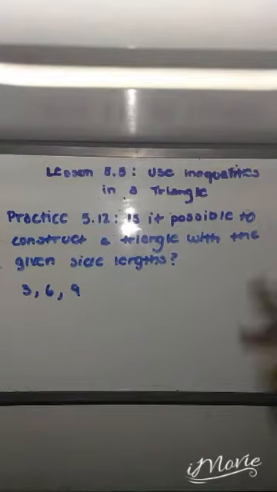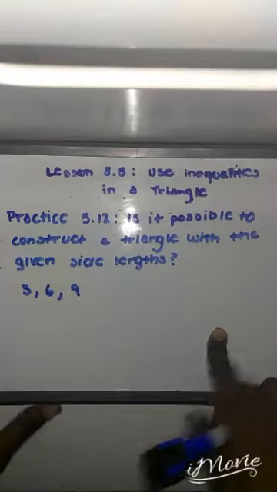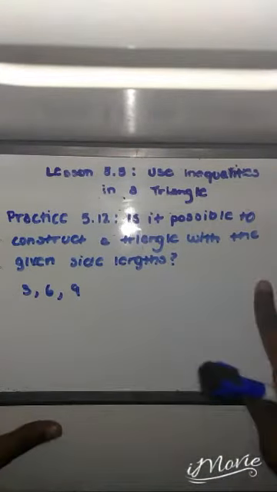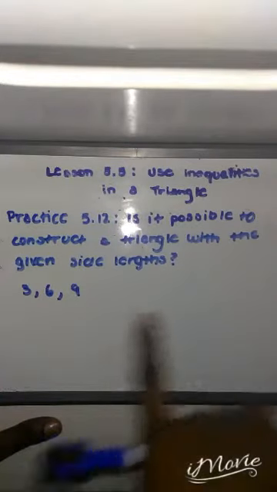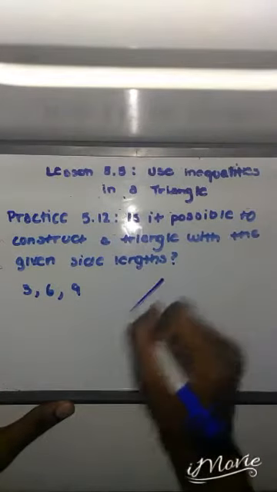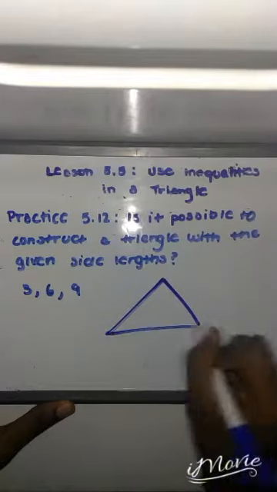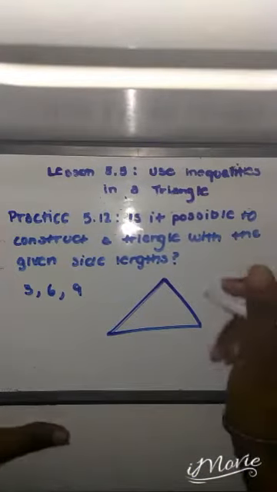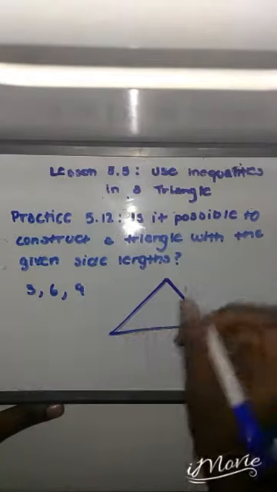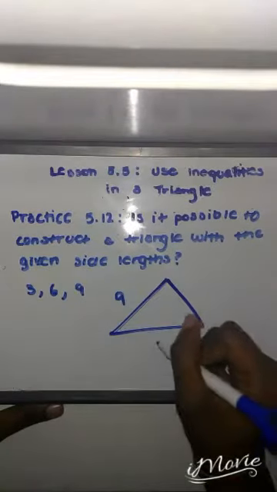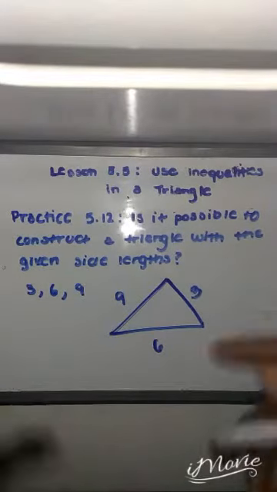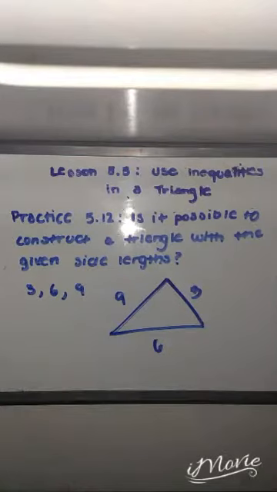Our last practice problem is from Theorem 5.12. The question states, is it possible to construct a triangle with the given side lengths? So, real quick, I'm just going to draw my triangle just for a diagram. And then we're going to make this 9, 6, 3. It's not drawn to scale, obviously.